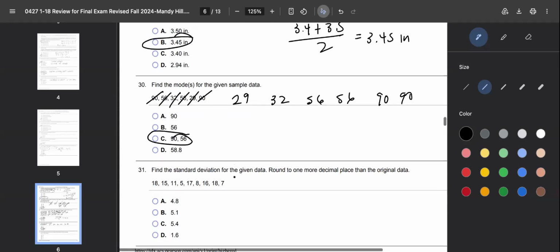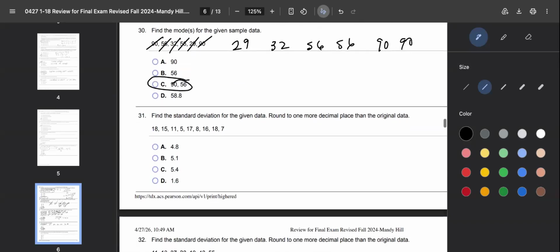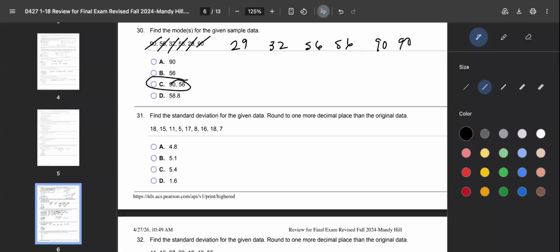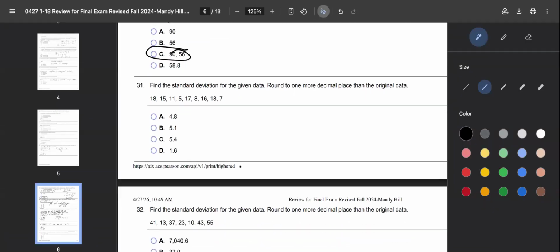Okay, find the standard deviation for the given data. Round to one decimal place more than the original data. Okay, so the easiest way to do this, and a lot of you did this on your project, you can do it on the graphing calculator if you have one, but a lot of you, I think, did use that Calculator Soup.